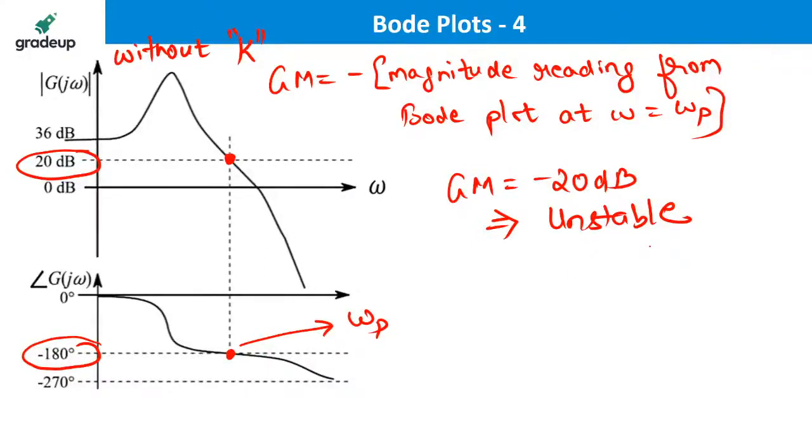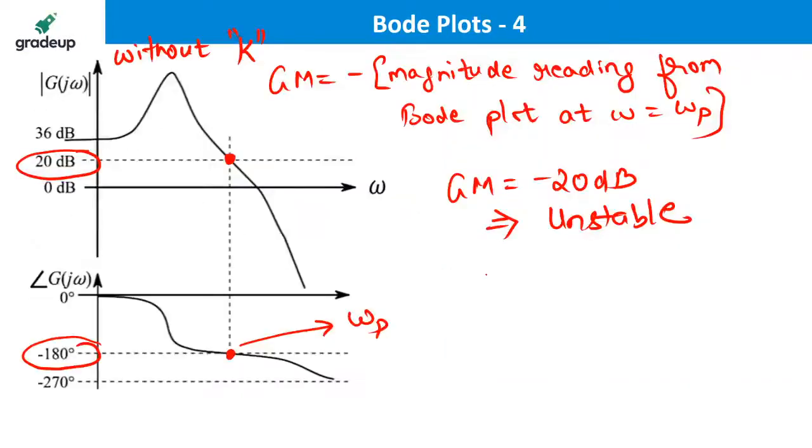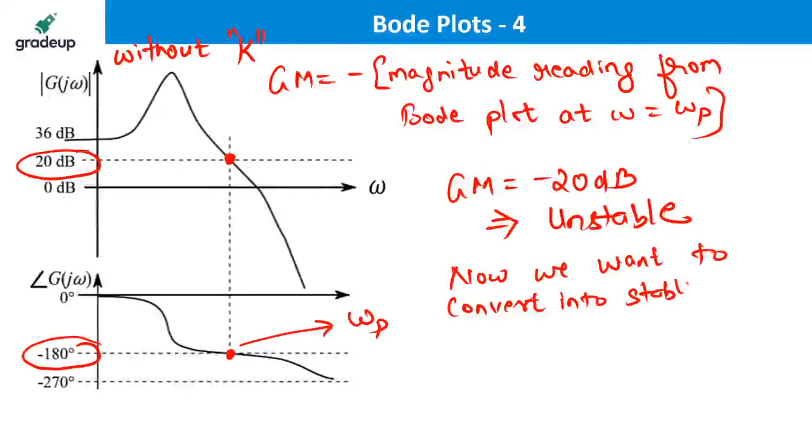And now I want to convert it into a stable system by introducing a block in cascade with GS. Now how do we convert into stable?